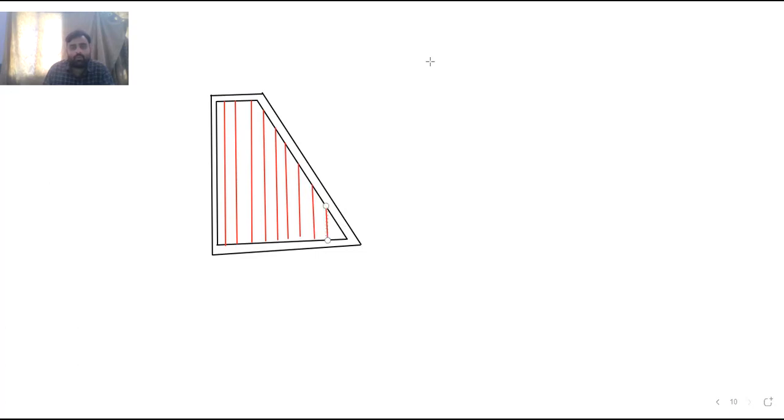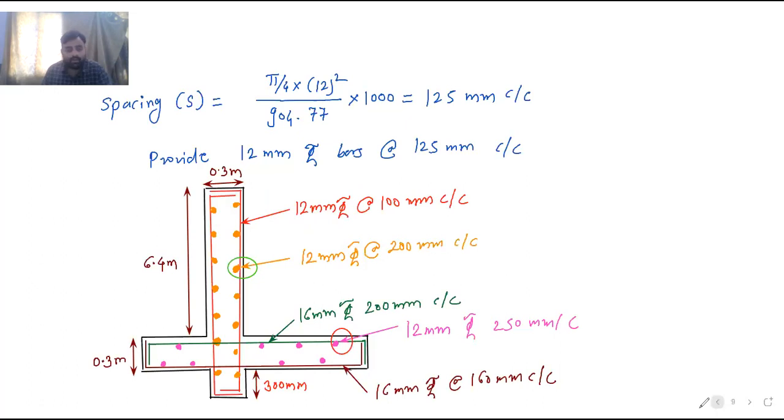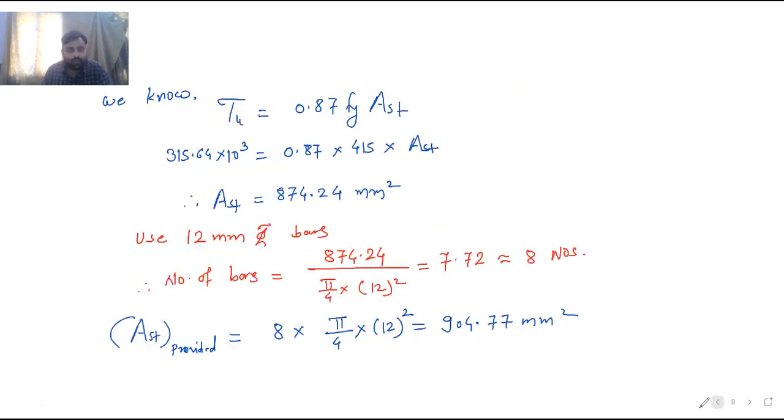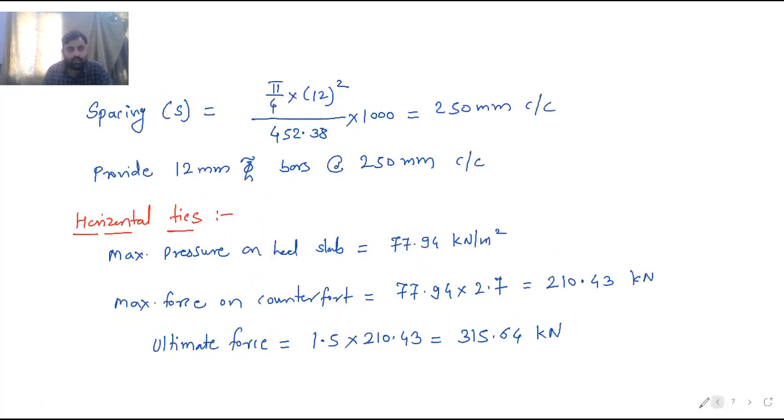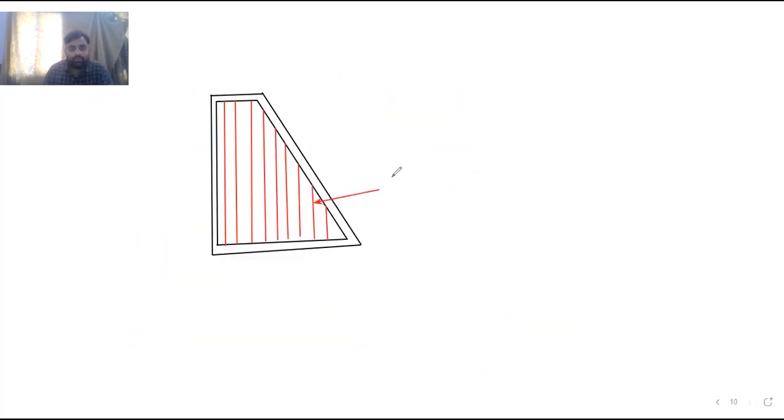So what was the diameter and the spacing for these vertical ties? Just now we have done it: 12 bars about 250 center to center. So these are 12 bars about 250 center to center.